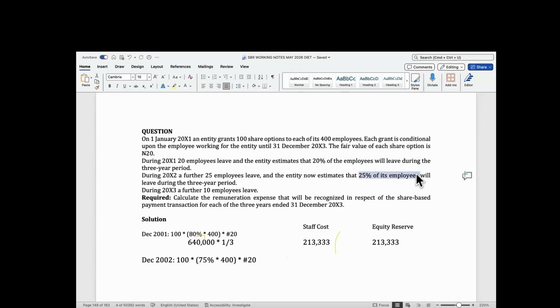It says 25% of your entire employees, so not the remaining employees. That means the 25% covered the 25 employees and the 20 that had left before, including the ones that will leave in the future.